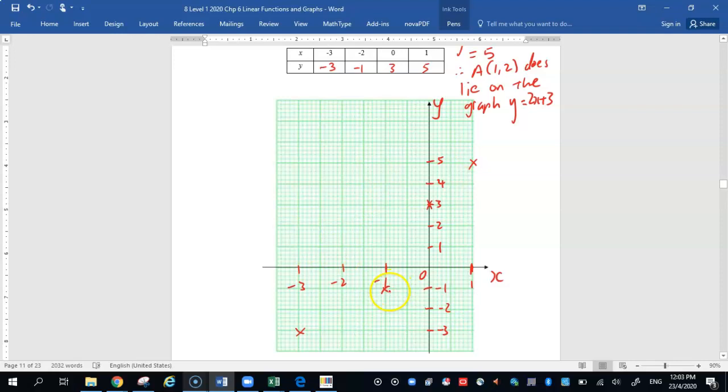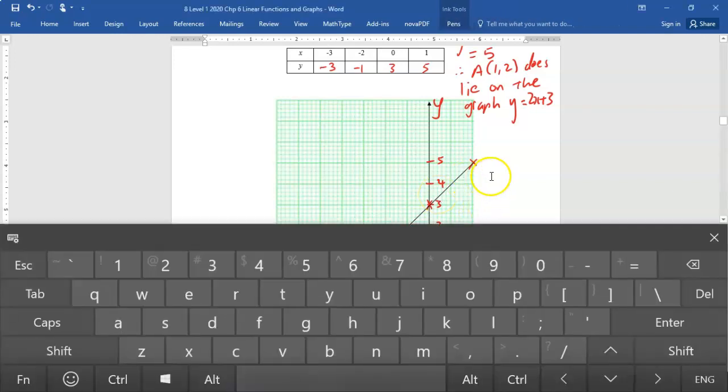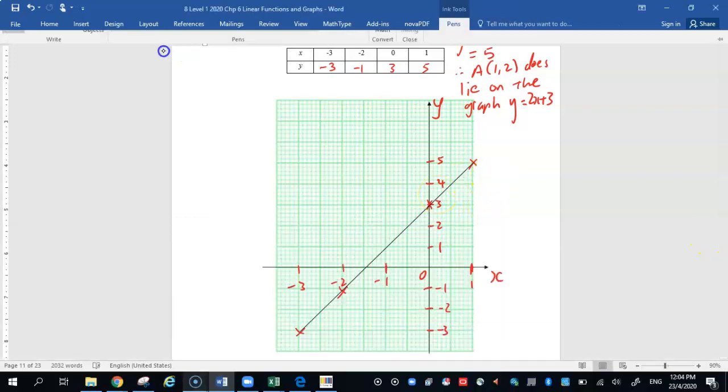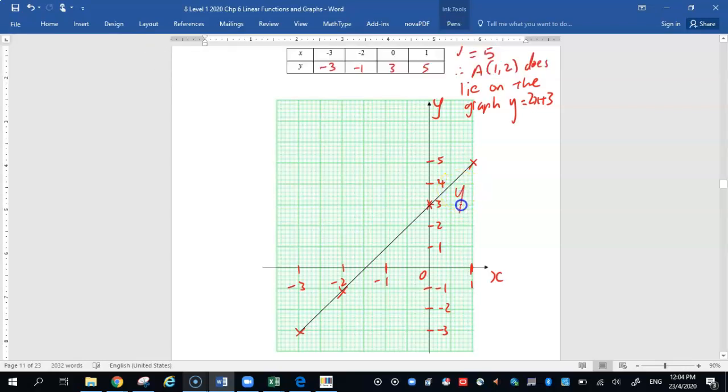Okay, -2, so this one is wrong. Alright, so we have it here. Using the ruler, you should see that your straight line will pass through all the 4 points nicely. The last step you need to do is simply to label your graph as y equals 2x plus 3.